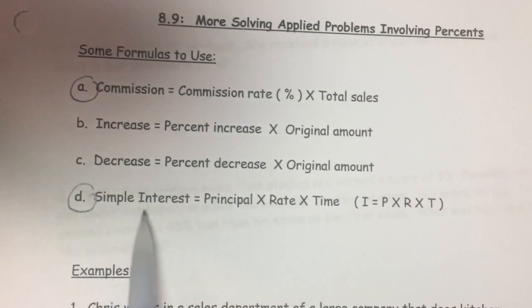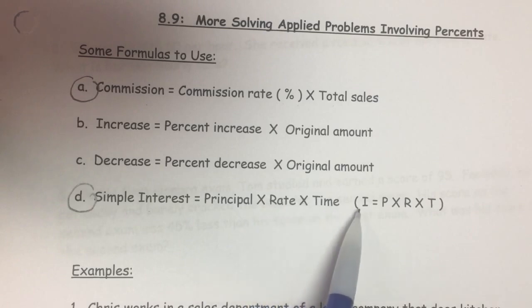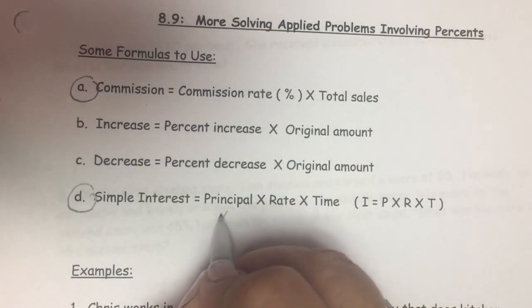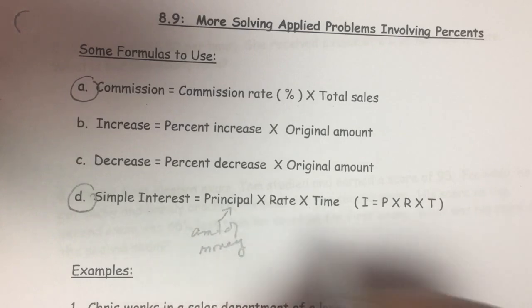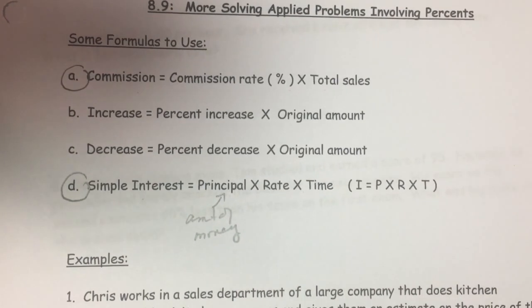And here, simple interest is principal times rate times time, or I equals PRT. I'm sure that you have seen this formula before. Principal is the amount of money. If you're talking about putting money in a bank account, it would be the amount of money in the bank account. If you're talking about interest on a loan, it would be the amount of money that you borrowed.